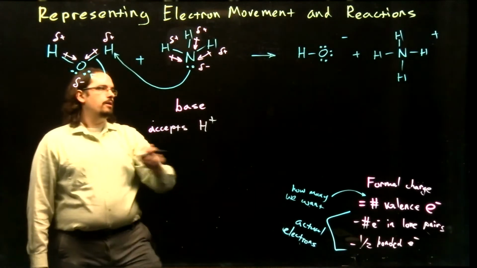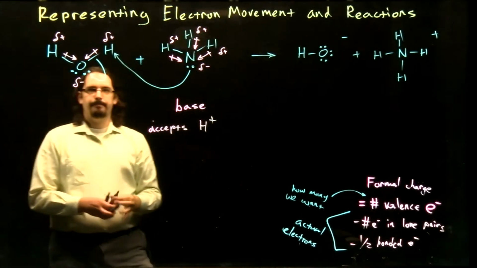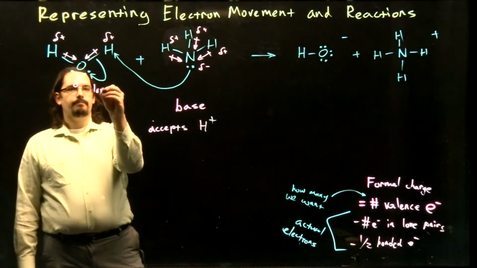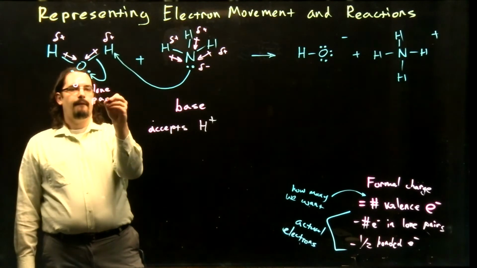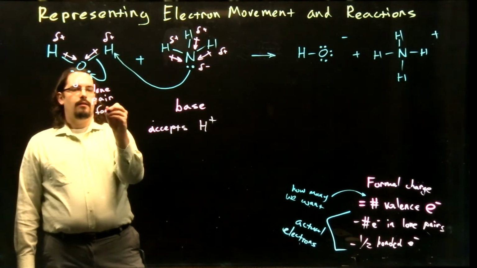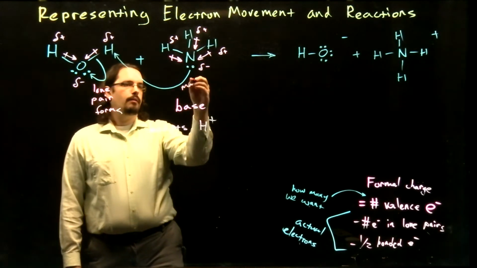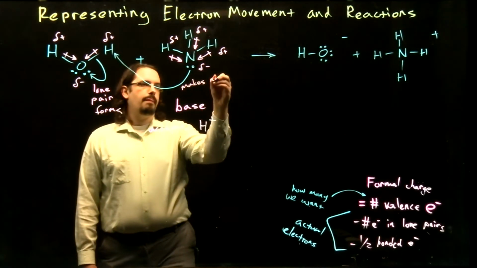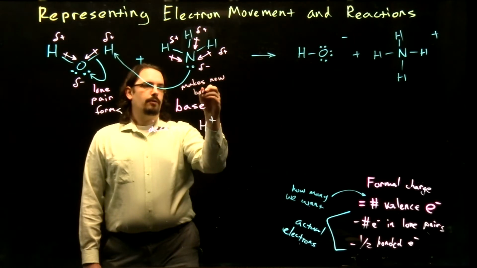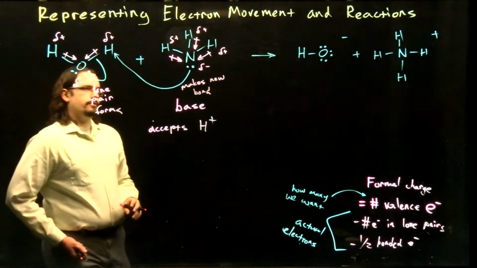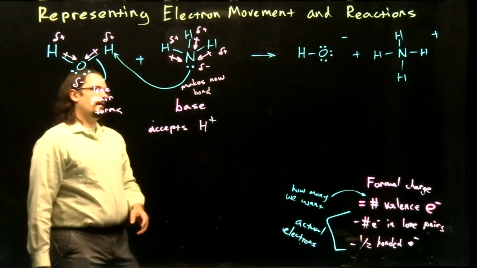So this arrow makes our lone pair. And this arrow makes the new bond. And of course it's using those electrons from that lone pair to make that bond.